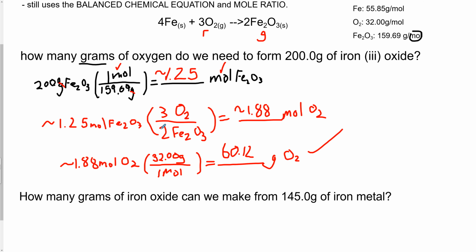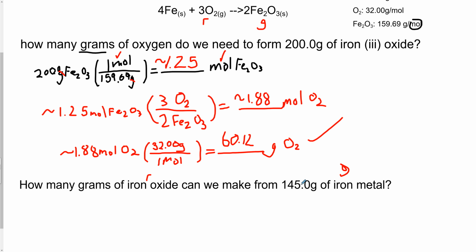So how many grams of iron oxide can we make? Okay, so that means my iron oxide is my required. And we're using 145 grams of iron metal. That's my given. So first of all, we go from grams of iron into moles of iron. So 145.0 grams of Fe.